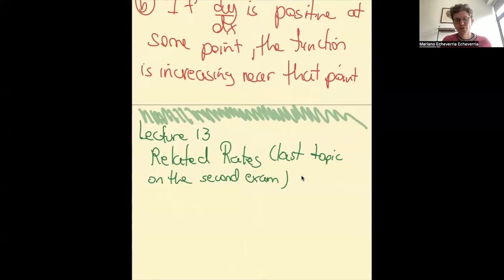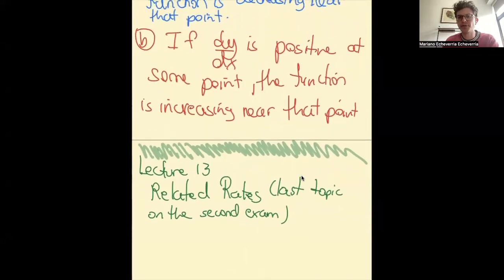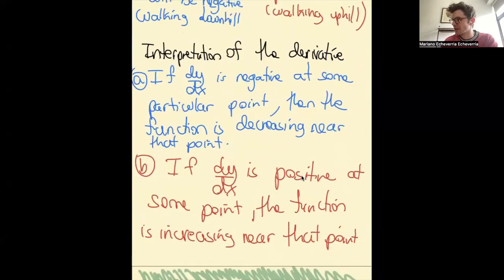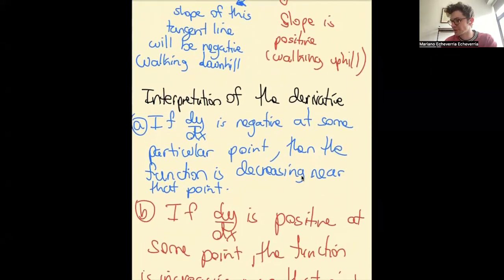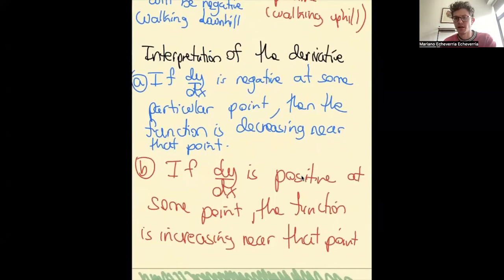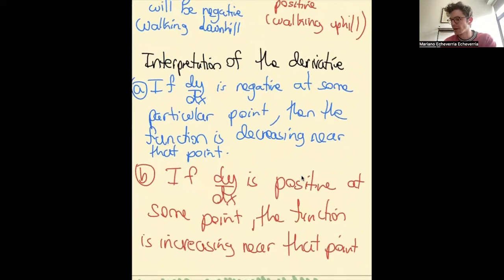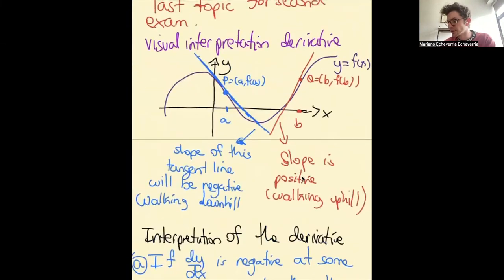Okay, so what I was saying yesterday, which you can still see on the iPad notes, is that the first derivative of a function gives you useful information on when the function is increasing or decreasing. If the first derivative is negative at some given point, then you are in the situation that you see here, where if you think of the graph as a roller coaster, you're going downhill.